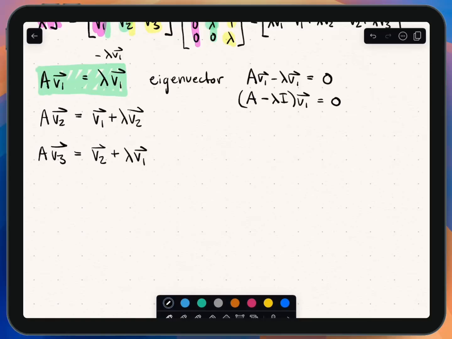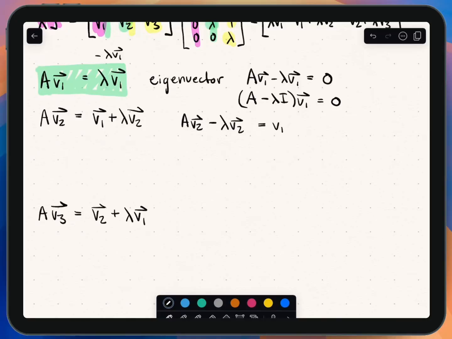And then we solve for V1 to find all the eigenvectors. Then I can do the same trick on this left-hand side. If I do that, I'm going to get A V2 minus lambda V2 is equal to V1. And if I factor out the V2, I get A minus lambda I times V2 is equal to V1.